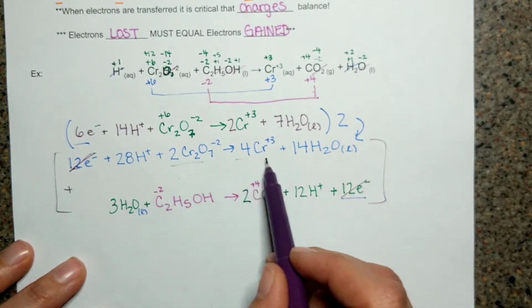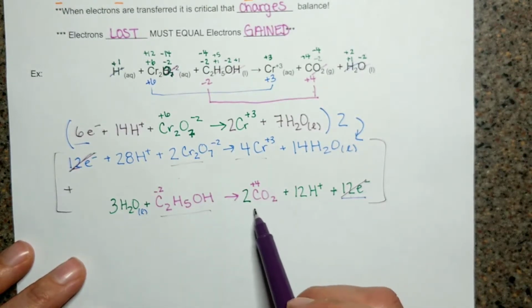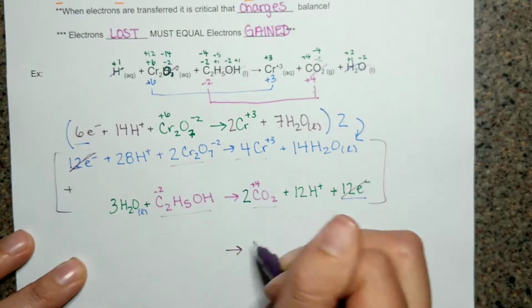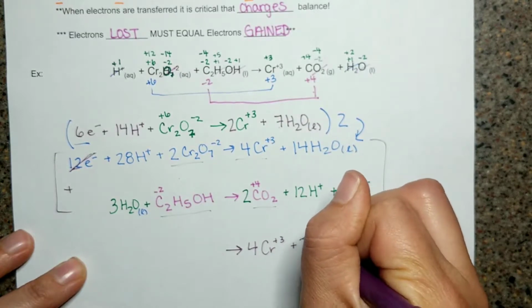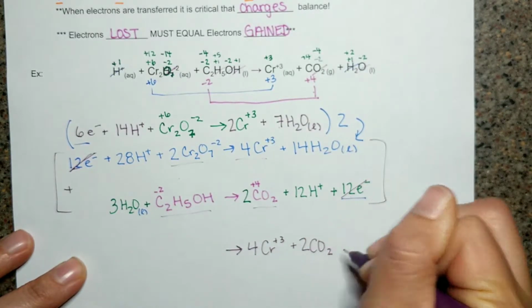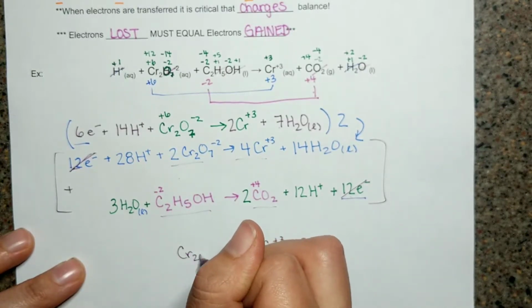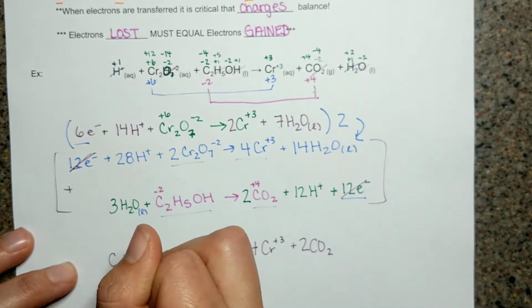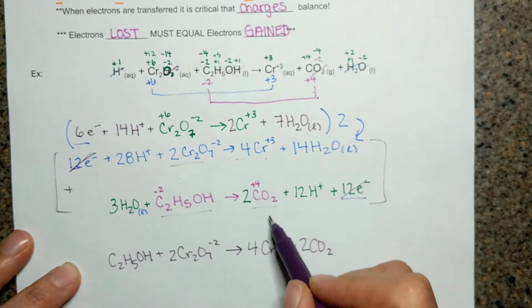My species in the middle here, my dichromates, my chromiums, my ethanol, and my carbon dioxide, those are not canceling, so I'm going to write those first because those are the meat of my reaction. Okay, so those don't cancel out.